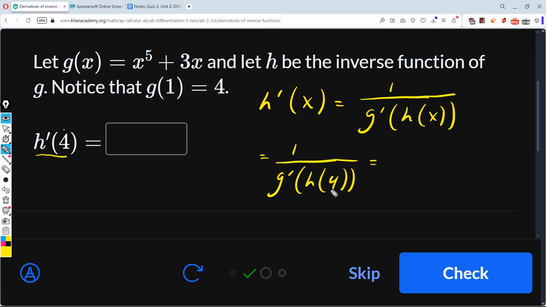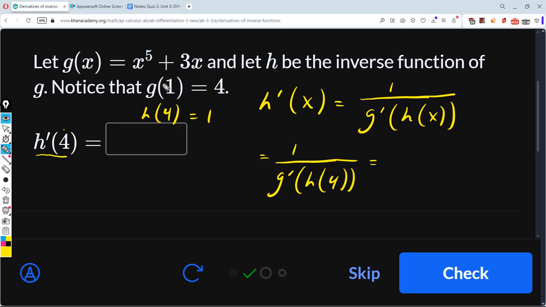Now, how do we find h of 4? Well, remember the x and y coordinates are just swapped when the functions are inverses of each other. So if g of 1 equals 4, that means h of 4 equals 1.